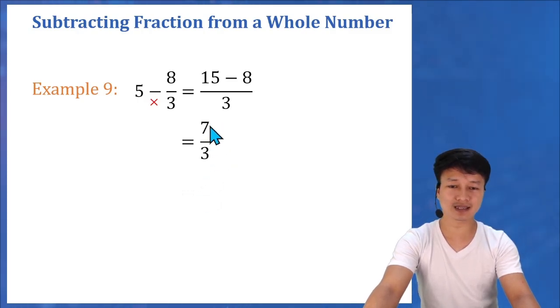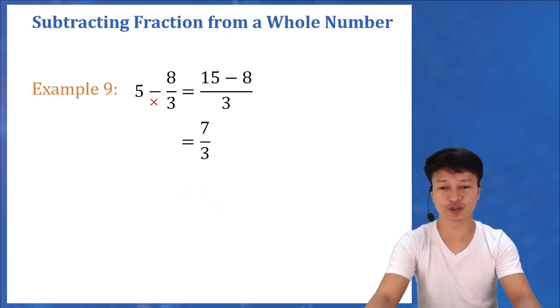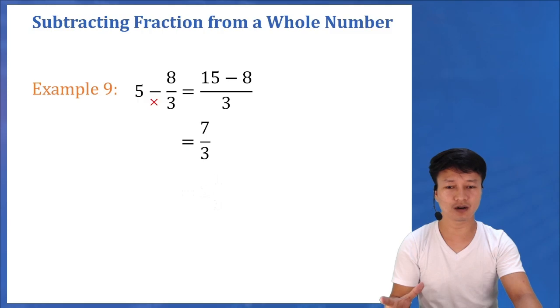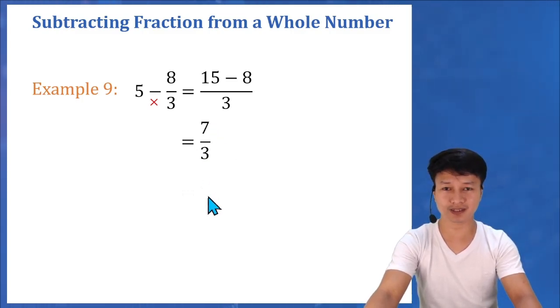And since again this is an improper fraction, we may still simplify that into a mixed number or just convert into a mixed number, because 7 over 3, if we are going to consider the relationship of 7 and 3, they are relatively prime. And so we can consider this in simplest form, pero sometimes we need to convert this improper fraction into its equivalent mixed number.